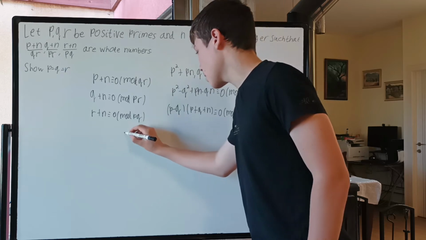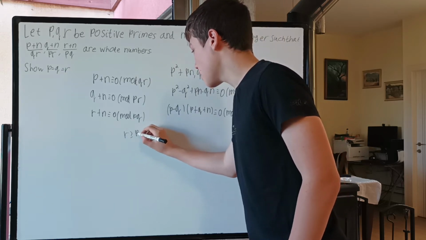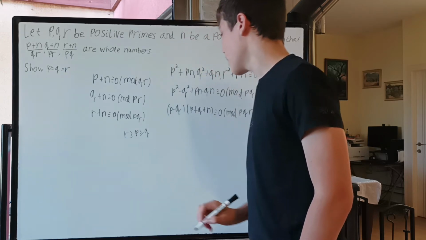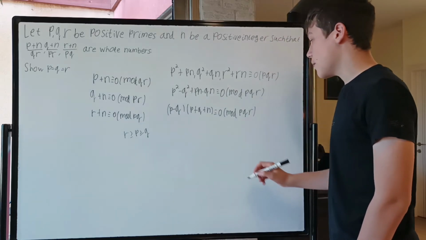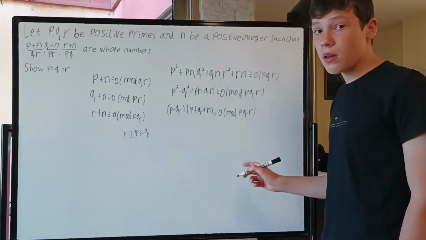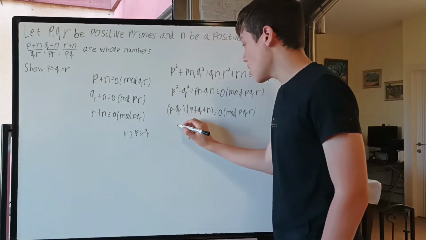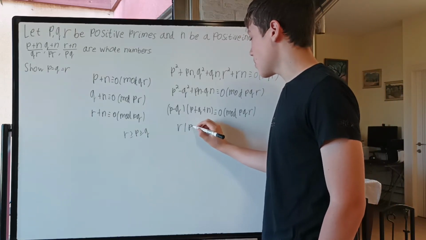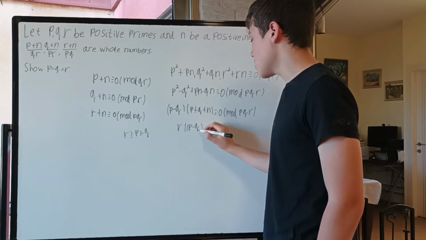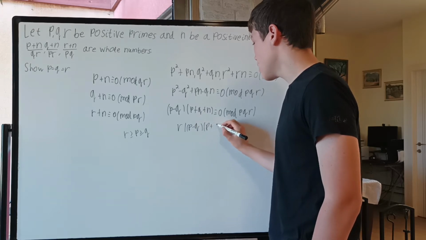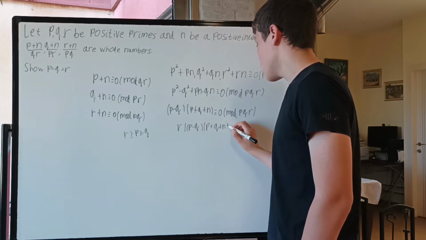So I'm going to pick R bigger than or equal to P and bigger than or equal to Q. Why? Well, I know if this is 0 mod PQR, it means PQR divides this number, meaning that R also has to divide this number. So R divides (P minus Q) times (P plus Q plus N).